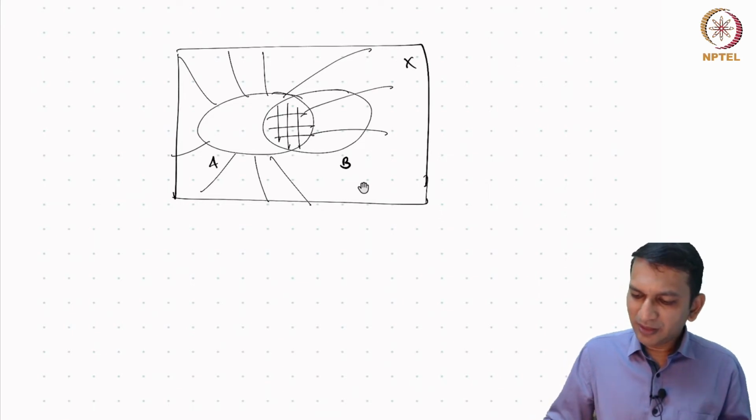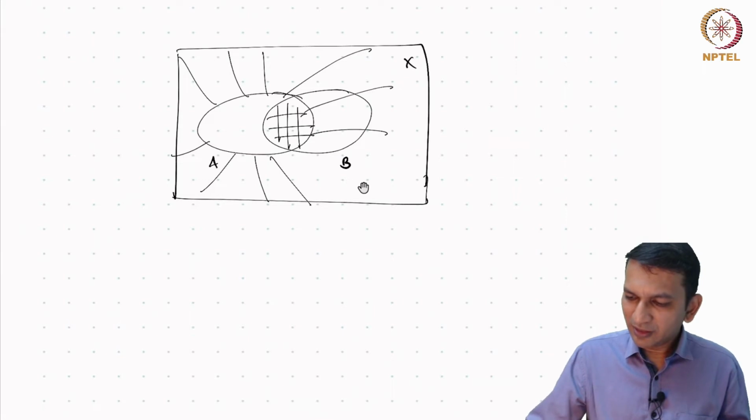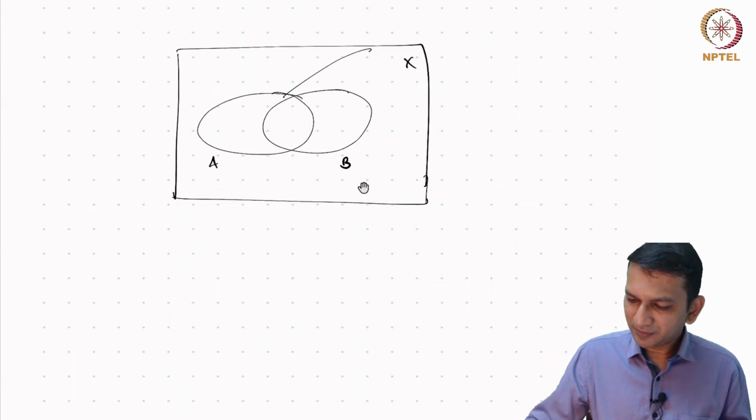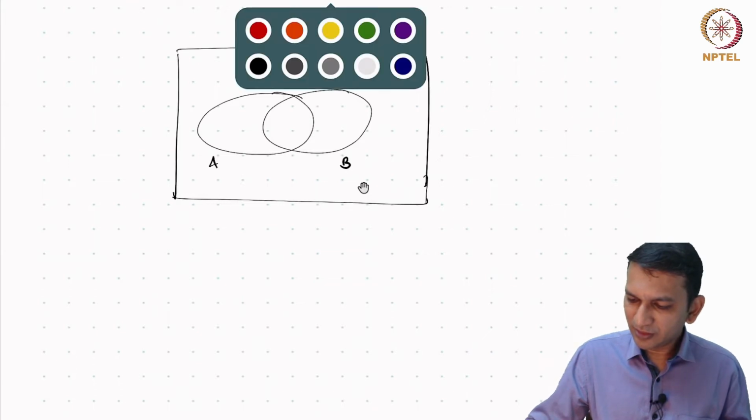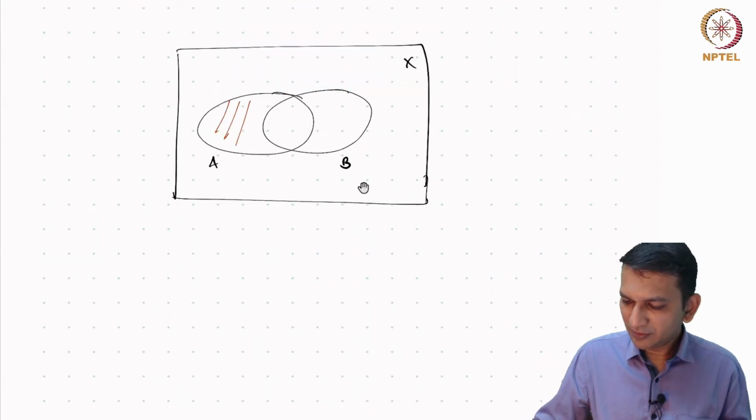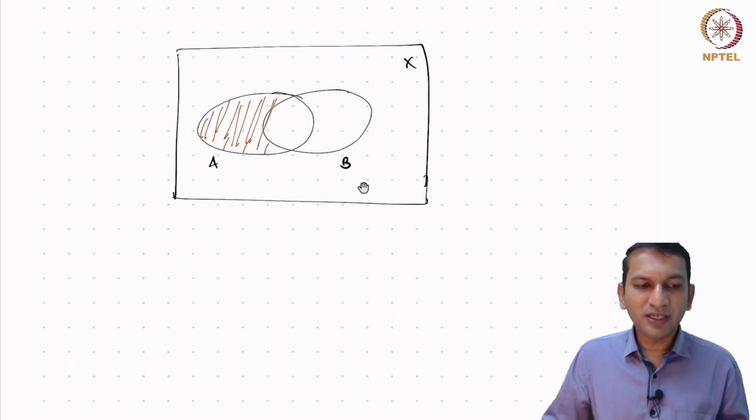So the only part that is not considered in this is this part. I'll just shade this with some other color. So essentially this is the part that is not considered.